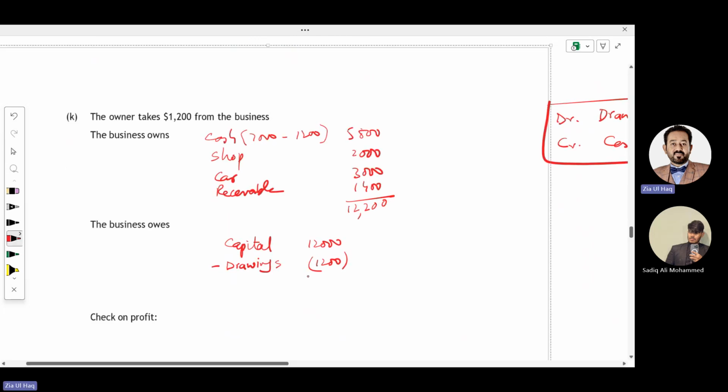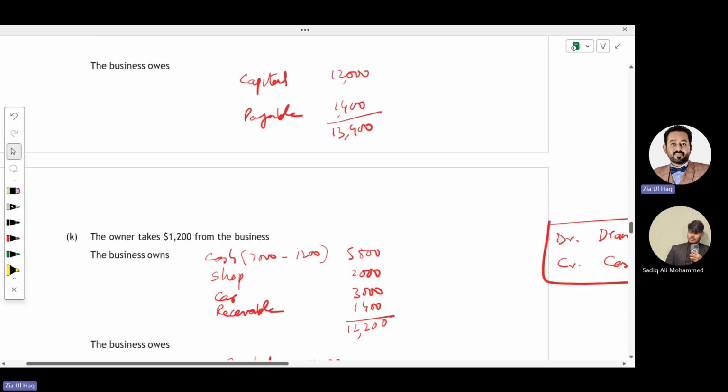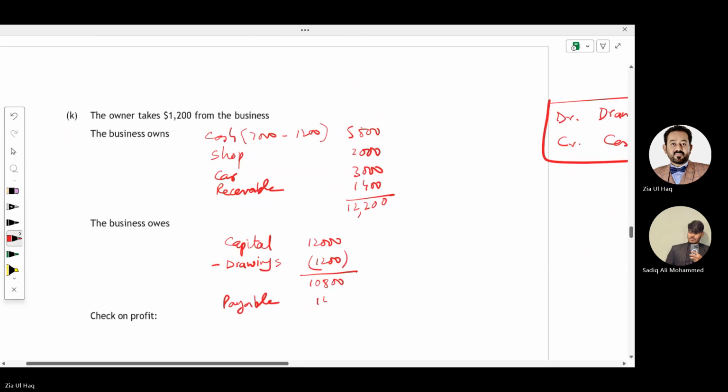Now capital will become how much? 10,800 and our payable will remain the same, 1,400. So this will be tally now, 12,200. Is that fine?